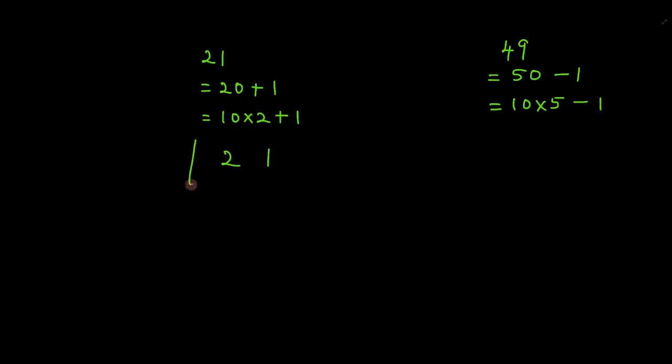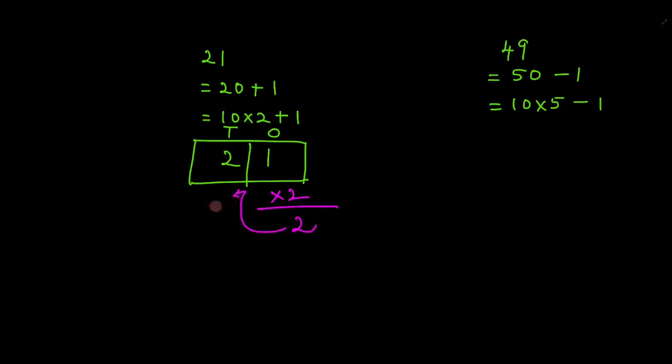Here we have 21, 2 in tens place and 1 in ones place or units place. So we have multiplied units place by 2 and the resulting number is subtracted from here. We get 0 or a multiple of 7.